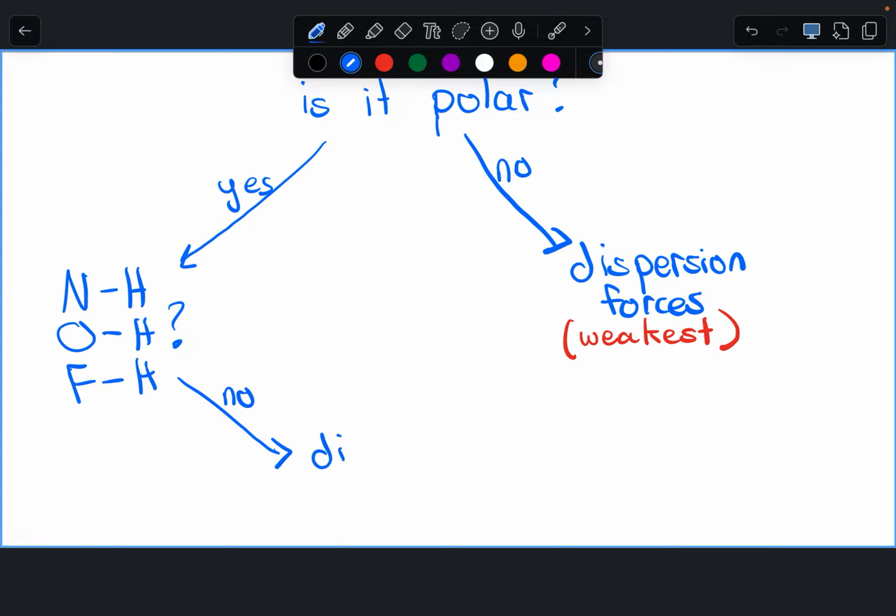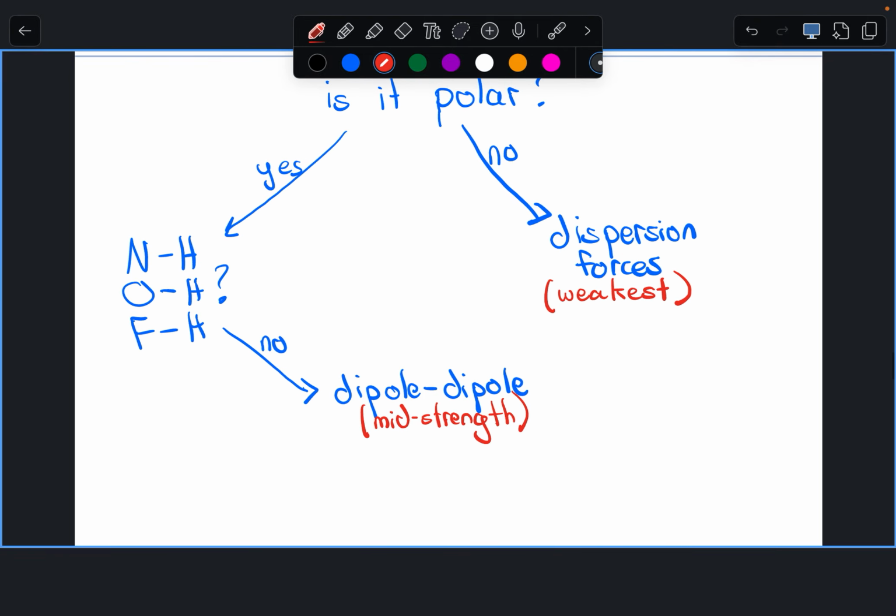So that would be the dipole force, which is kind of our mid-strength one. And then if it does have one of these, then that's the hydrogen bonding, which is going to be our strongest.